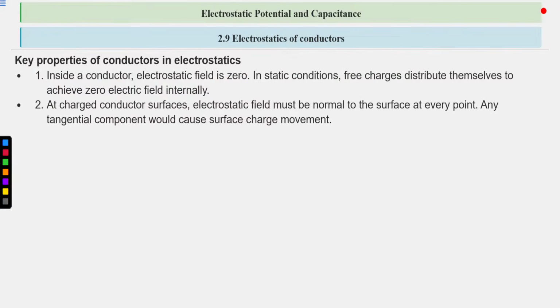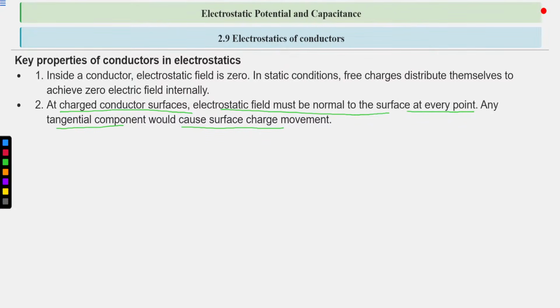At charged conductor surfaces, the electrostatic field must be normal to the surface. Now at charged conductors, we have given some charge to the conductor surface. Now the electrostatic field must be normal to the surface at every point. Any tangential component would cause surface charge movement.